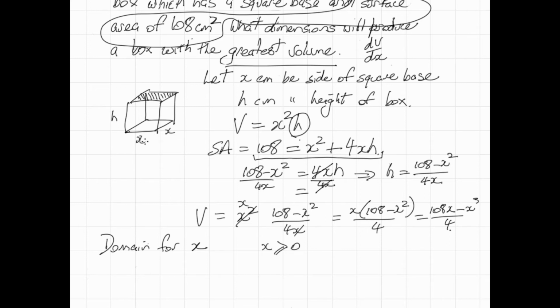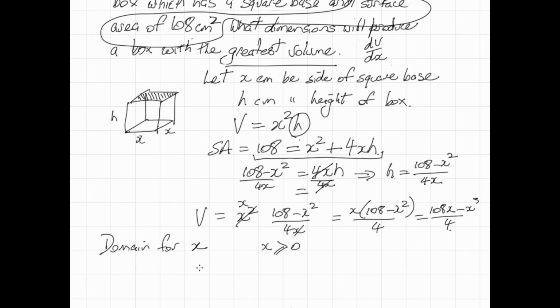As I say, it's a bit nonsensical because virtually it means you've got no base and all the surface area wouldn't be in the vertical faces. And the greatest value that x could take would be as if you've got no faces going up there, and all the surface area would be in the base.